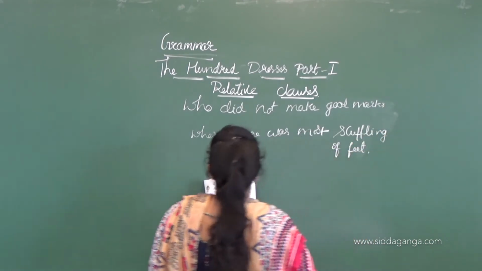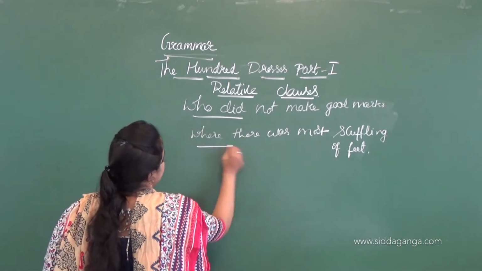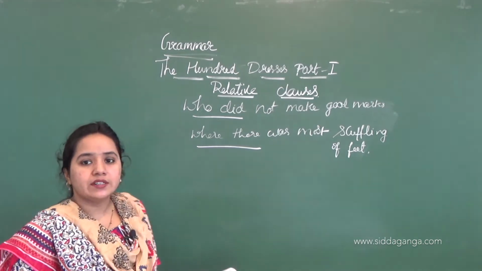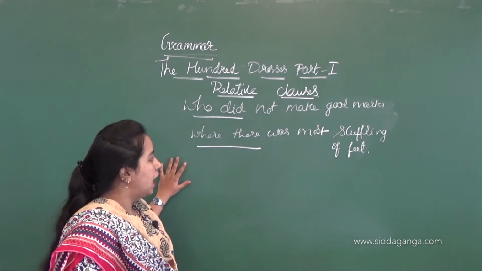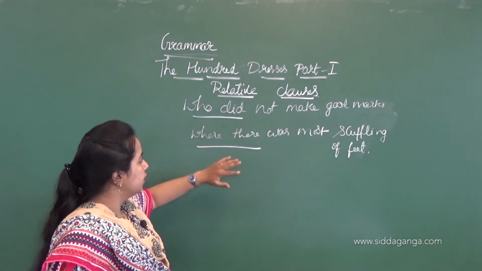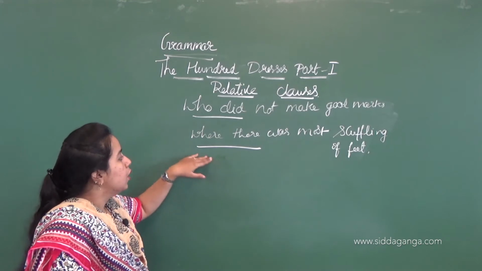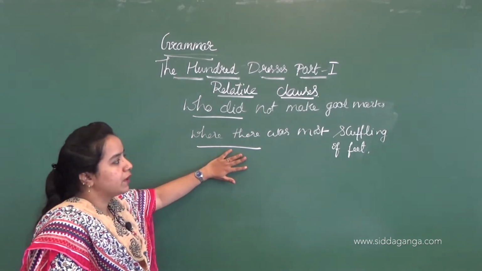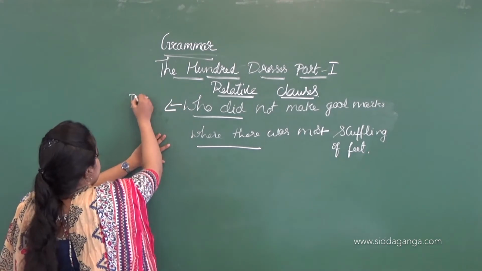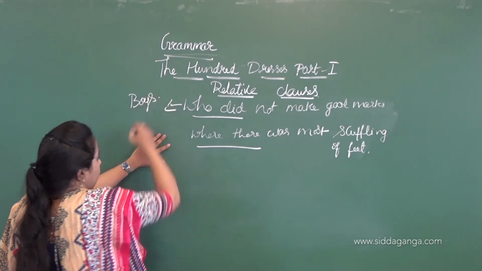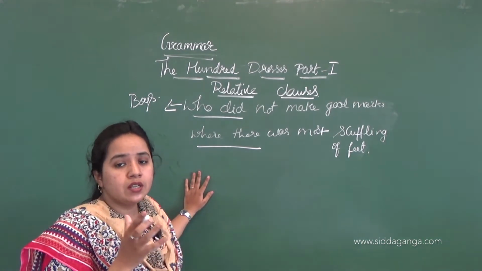In the sentence there is a question-type answer, a question form like who did not. We can see who did not make good marks, where there was most scuffling. Here who did tells about the boys, the boys who are not scoring good marks.